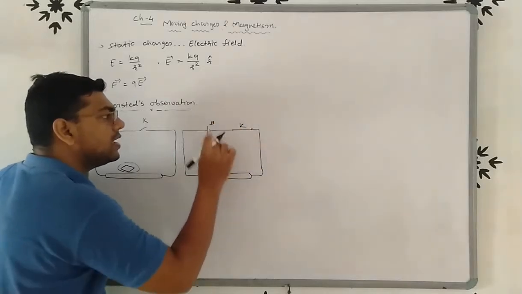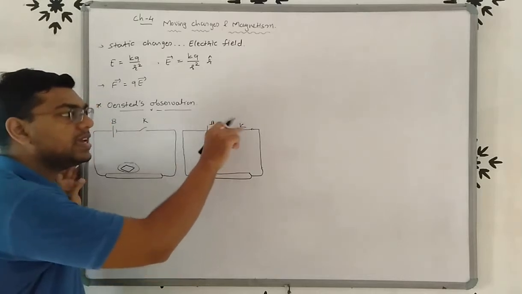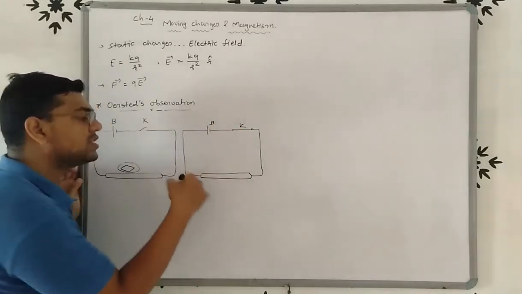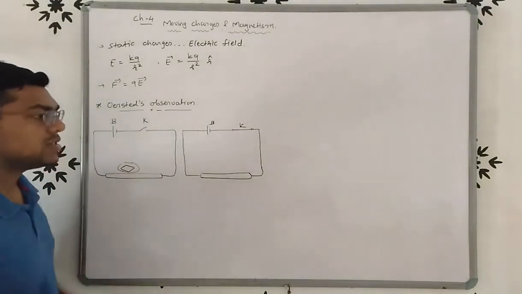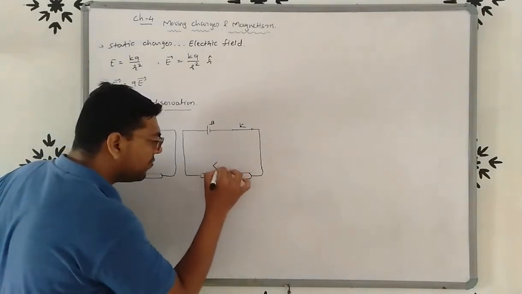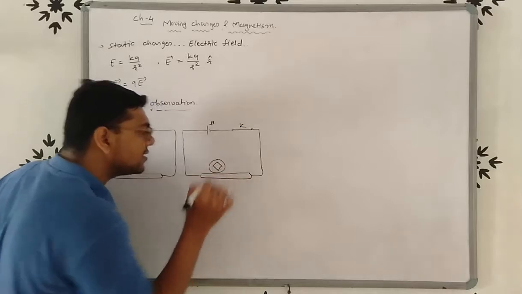Now we know that if this key is switched on, or we can say if this key is closed, then current will flow from positive to negative. So as this current passes through this conducting wire, there is a deflection in the magnetic needle like this.